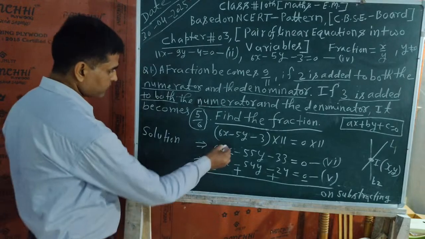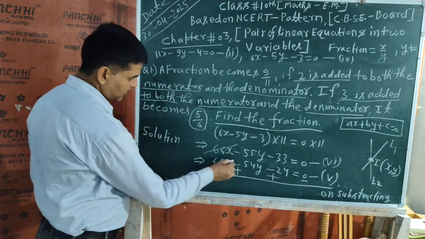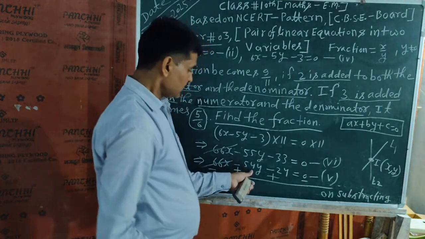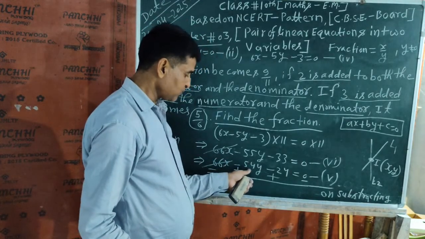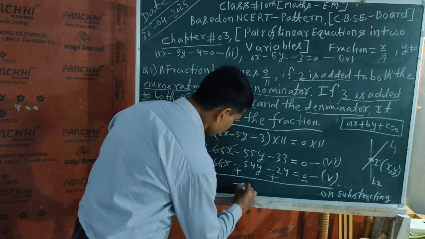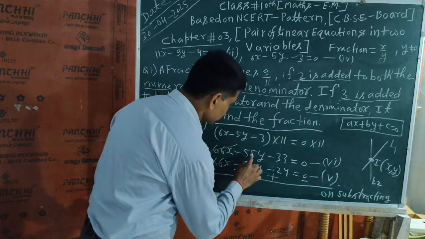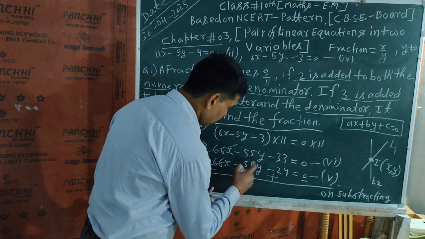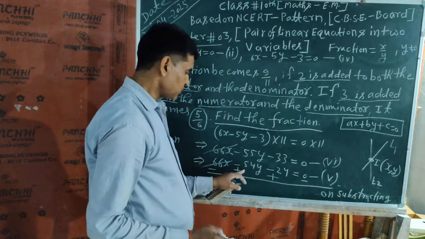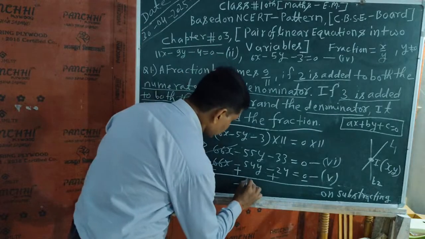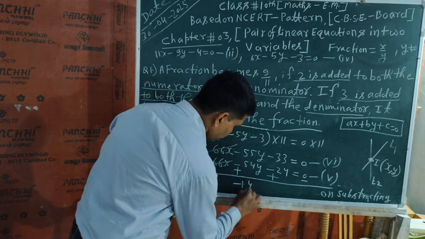So plus and minus signs will cancel out. Here 54 has a plus sign and 55 has a minus sign, so I will put minus here. I will subtract 55 from 54, so it will be 1y.